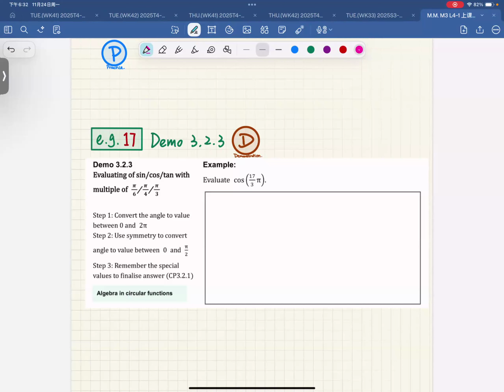What do you do? Think about how you cross it.